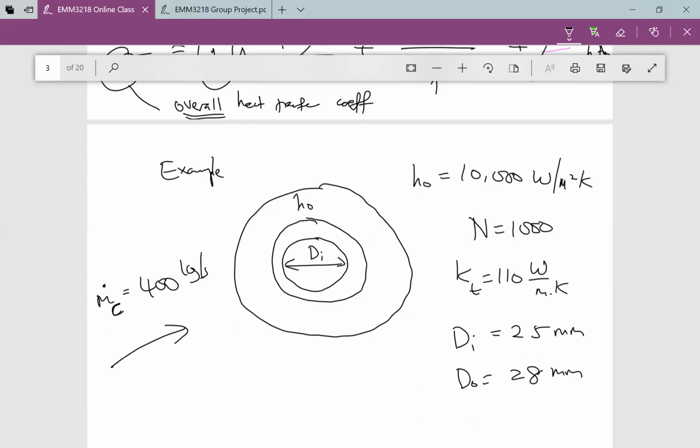What is the overall heat transfer coefficient U? So find U based on, look at the sentence. What is the U, overall heat transfer coefficient, based on the outer surface area of the tube? And you're given the properties of water.